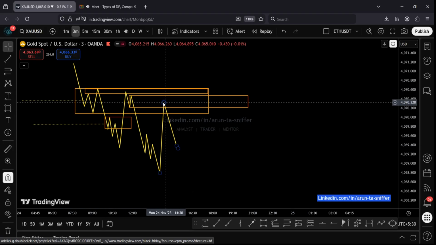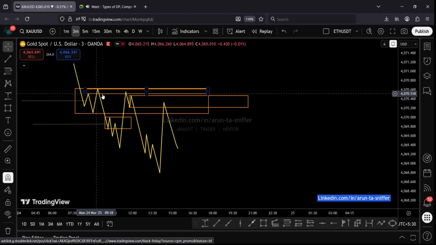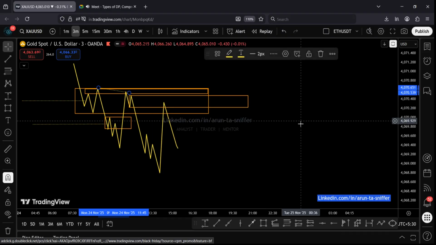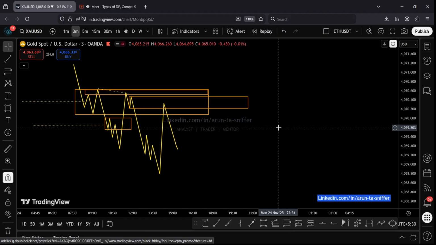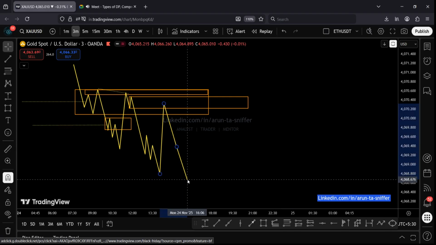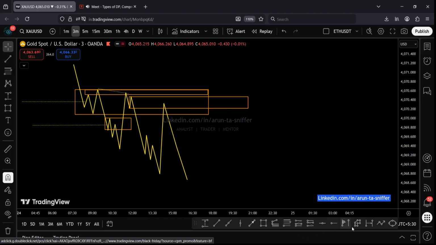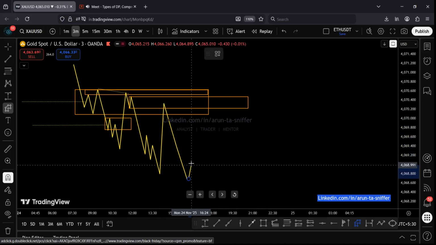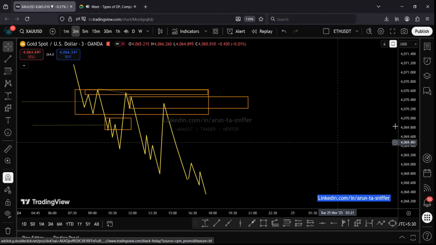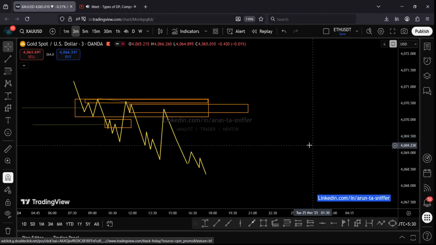Why price reacted here was because the orders from here to here have been transferred. From here to here the orders are transferred. That is called order transfer. For order transfer, price should reach the MPL area. Price comes down like this and then again does the same thing like this.